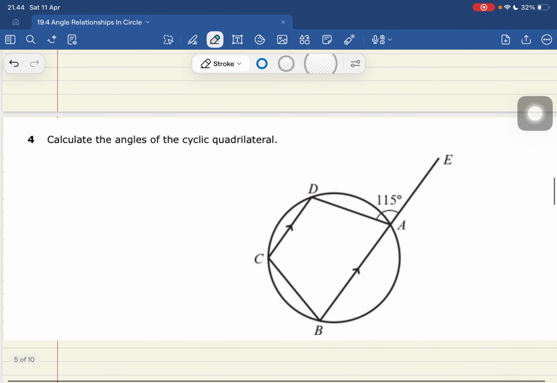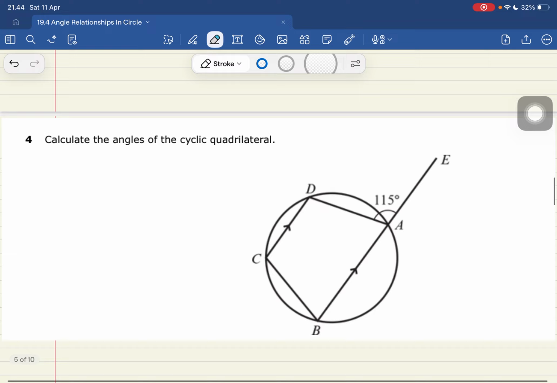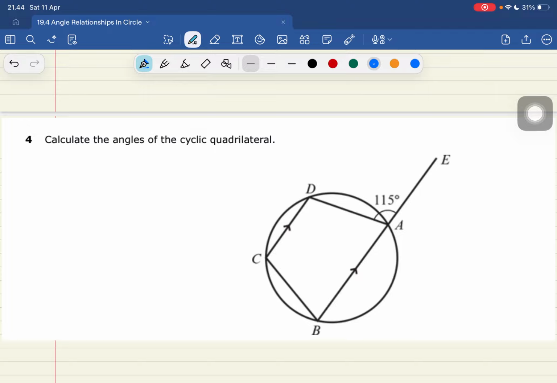Number 4, we need to calculate the cyclic quadrilateral. First we can get DAB here.